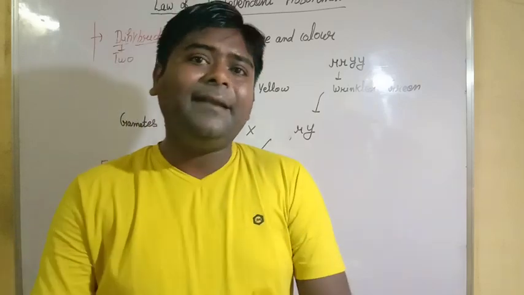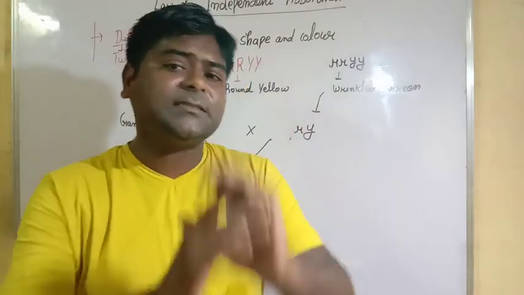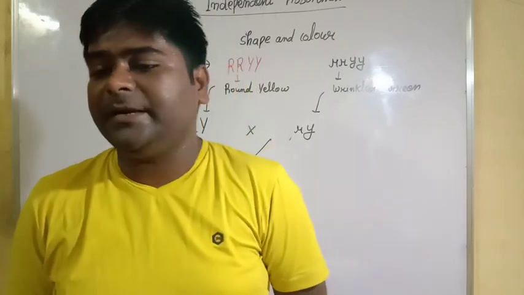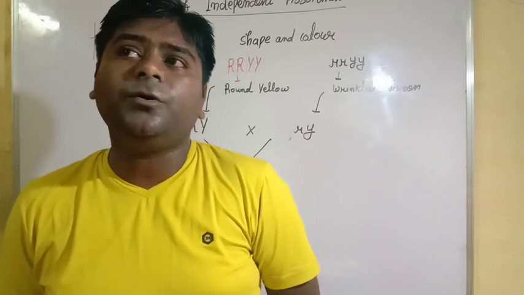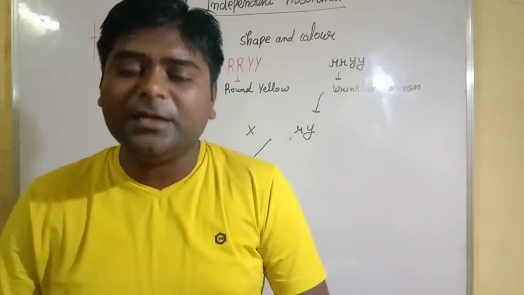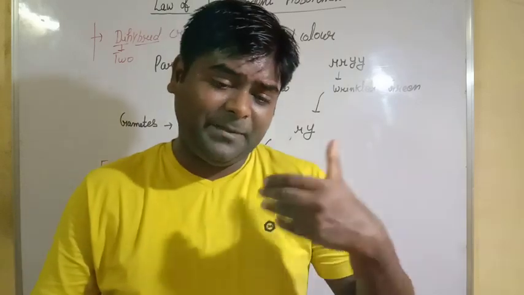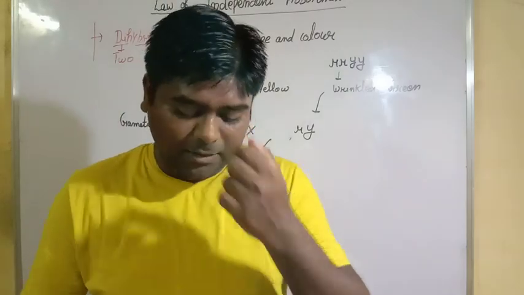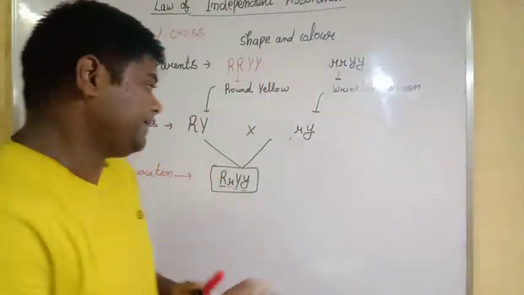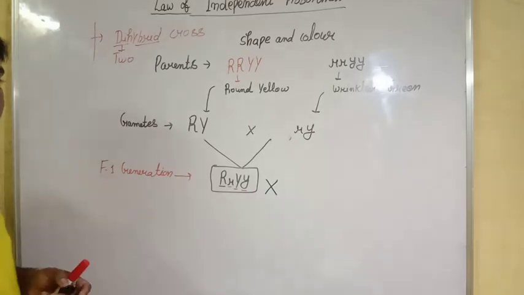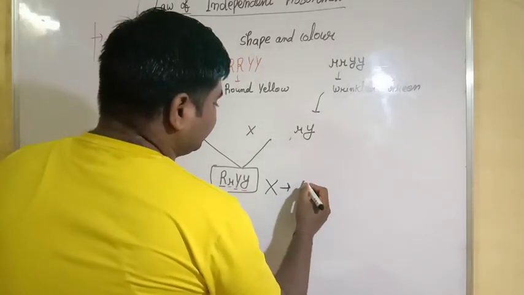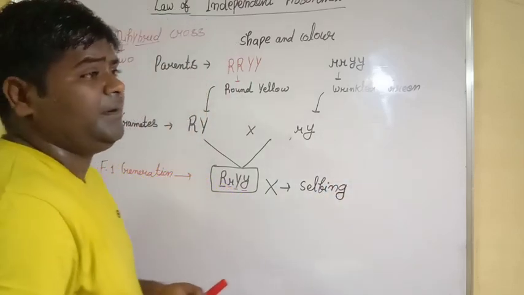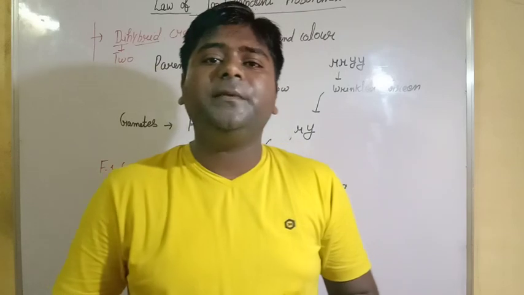So he let this F1 generation be self-pollinated to get the results in the F2 generation, because he wanted to know the pattern of separation of characteristics in the F2 generation. That idea creates selfing, that is self-pollination, the natural tendency of pea plants.